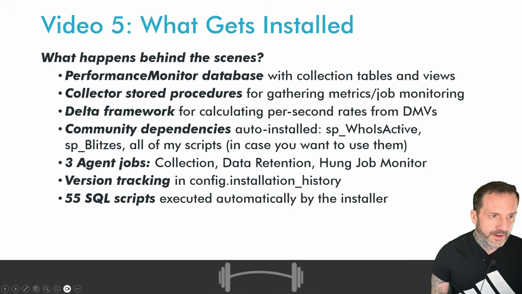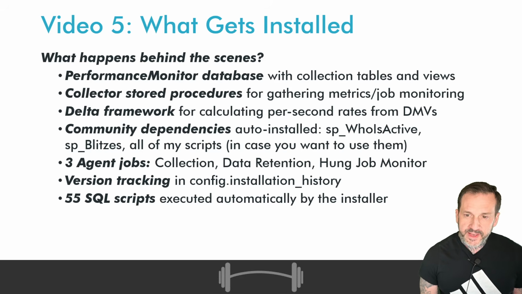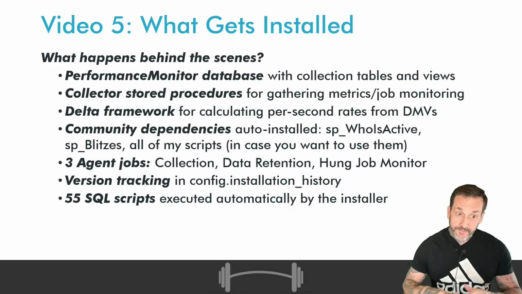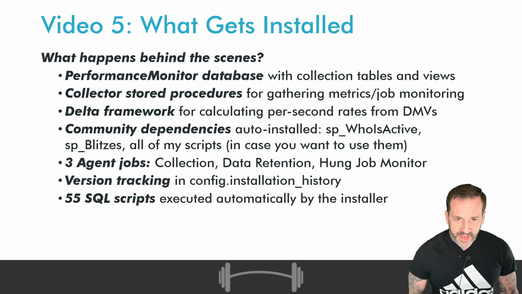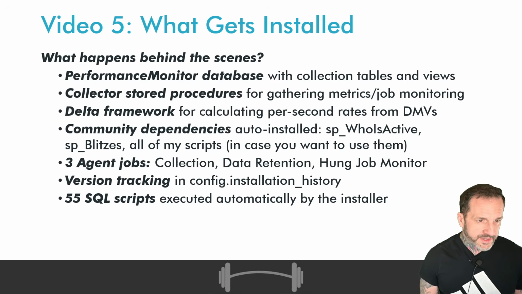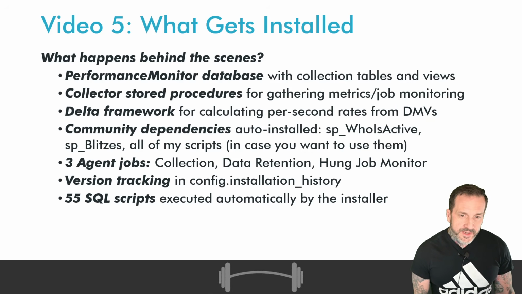Behind the scenes, we create a performance monitor database. That's where all the tables and views live. This is again for the full dashboard. The light dashboard is very different. We talked about that in the previous video. And then all the collector stored procedures that go through and look at your metrics and job monitoring, those will all get installed. There's a neat stored procedure that calculates delta frameworks, right?